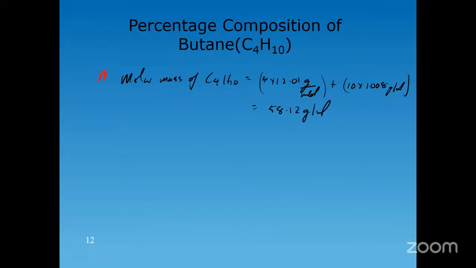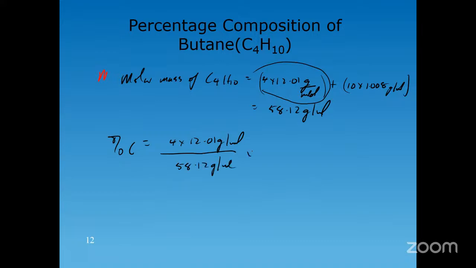So to get the percentage of carbon, we take this total mass of the carbon, which is 4 times 12.01 grams per mole, and divide by the total molar mass, which is 58.12 grams per mole, times 100%.